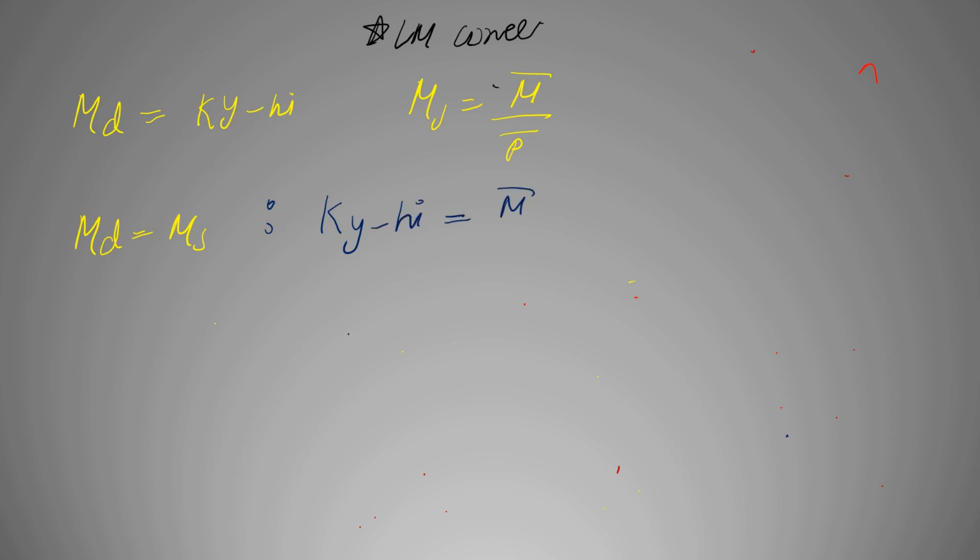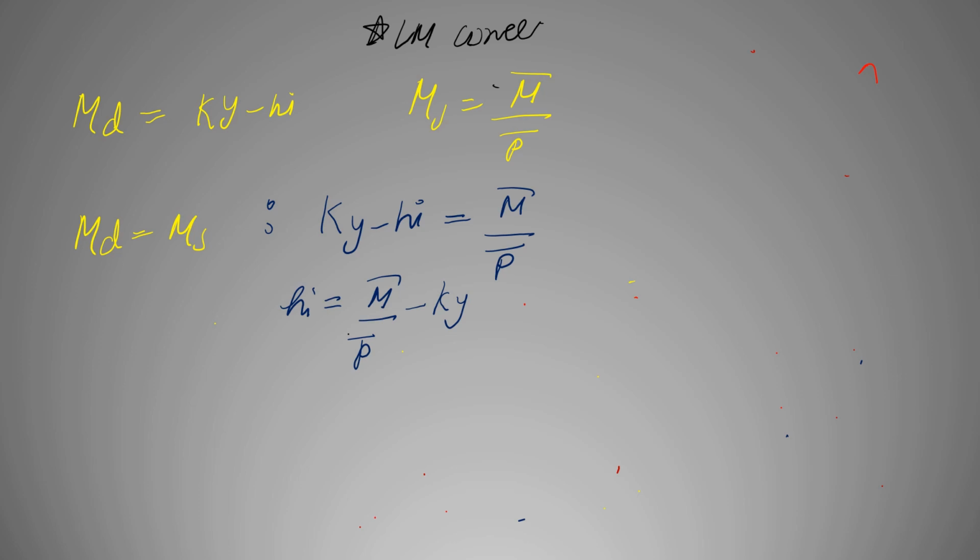Now previously we derived MD is equal to KY minus HI, right? And MS is equal to M bar by P bar. Since in the money market MD is equal to MS, KY minus HI is equal to M by P. Again, like in the IS curve, we derive the equation with respect to I. So HI is equal to KY minus M by P. Hmm, actually rearranging: we get HI equals M by P minus KY.